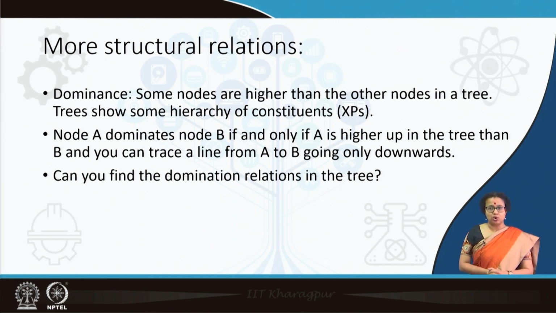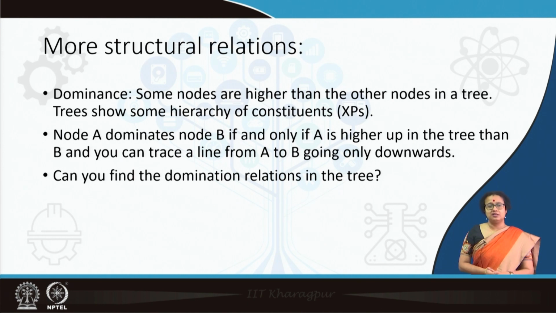So, remember we are talking about a hierarchical tree only, and we are basically defining different components of it. You can easily figure out that whenever you are drawing a tree, there are some nodes which are in a higher position than other nodes.